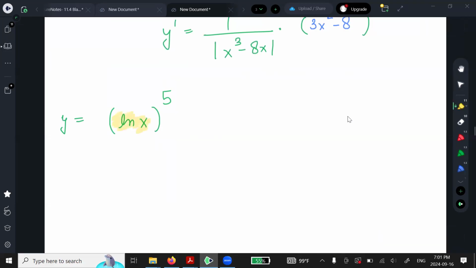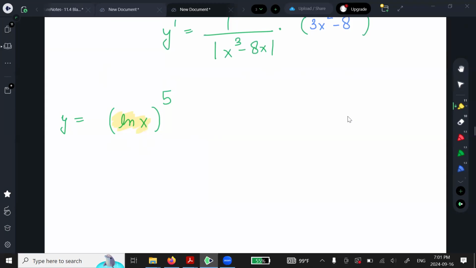I'll bring you a candy, I promise. You do 1 over x first, and then do the power, where it's 5 and the x to the 4, and then multiply that by 1 over x. Yes, that's like 5 over x. Okay, hold on. You had the right answer.